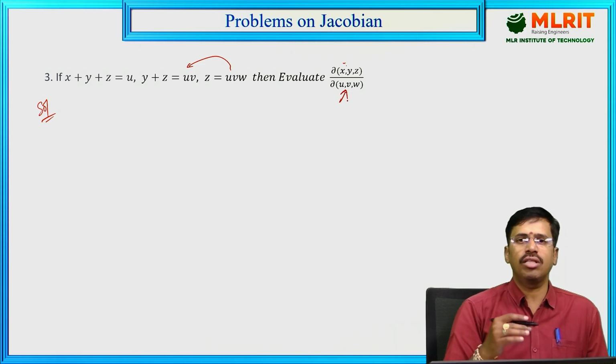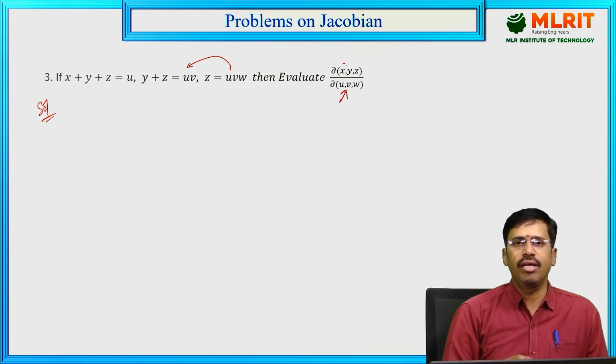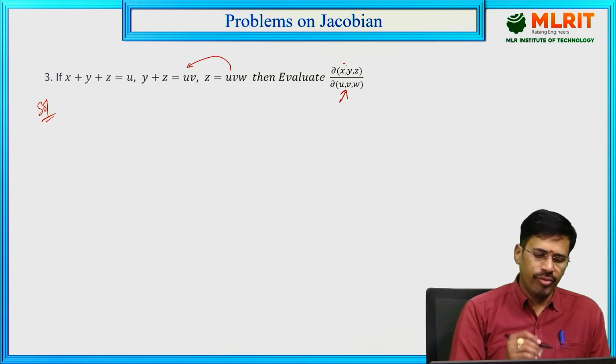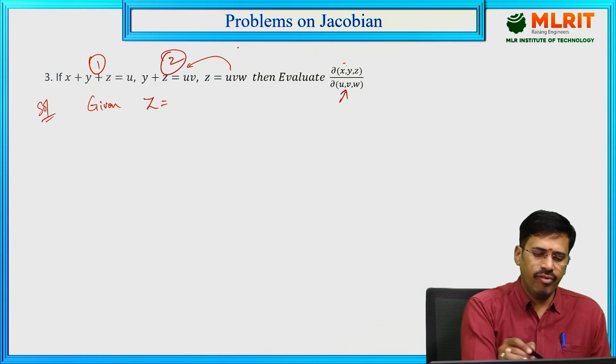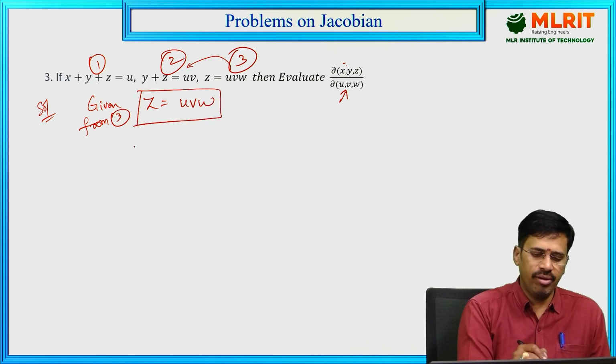So we want all three equations in terms of u, v, w. This is the first equation, this is the second equation, this is the third equation. From equation 3, z equal to uvw, the z value is given.